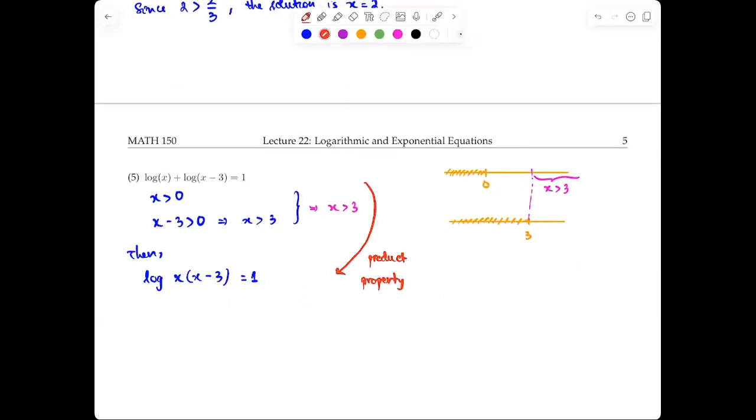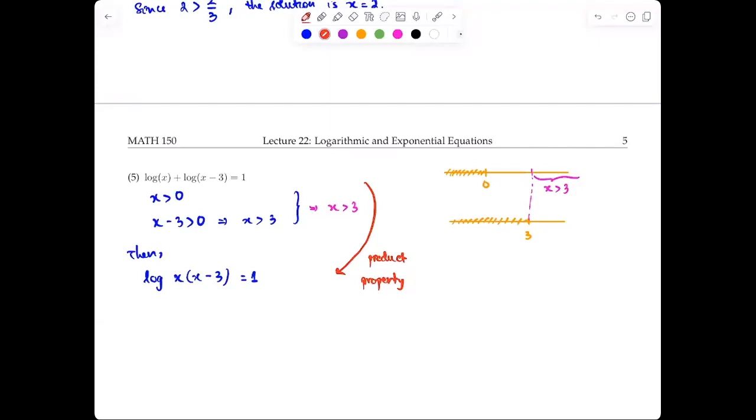Now you have log on the left-hand side. There's no log on the right-hand side. To get rid of the log on the left-hand side, what you do is look at the base. This is base 10, and you apply the exponential function of base 10 on both sides of the equation.